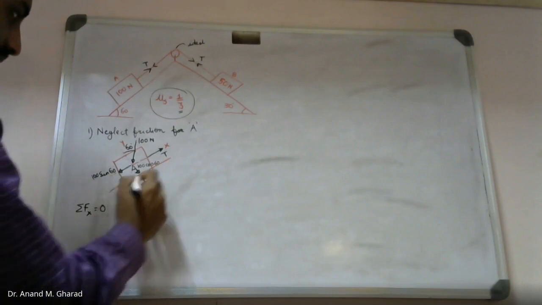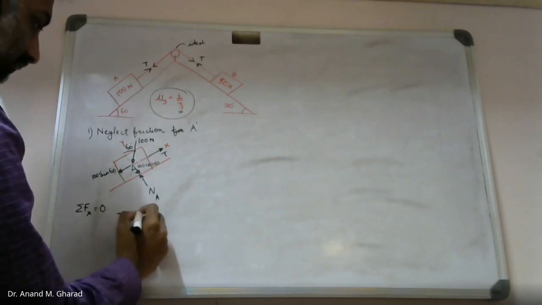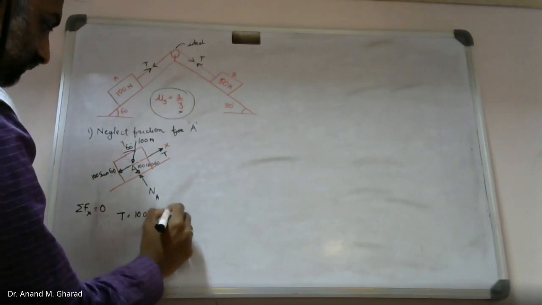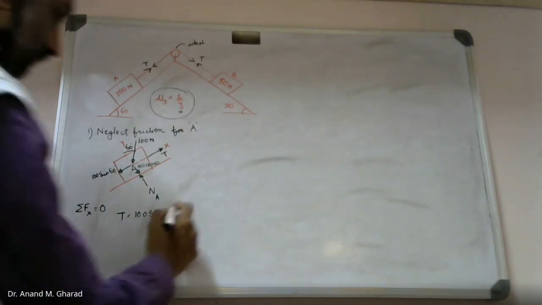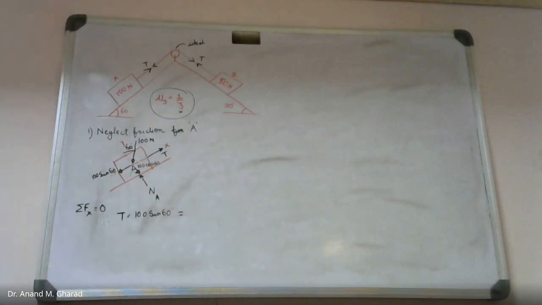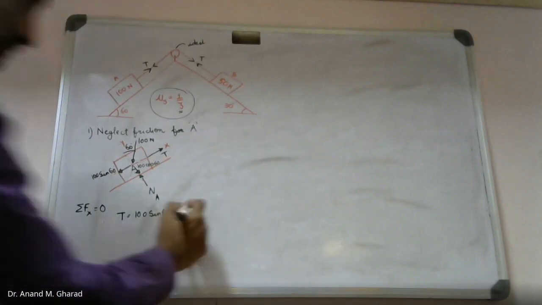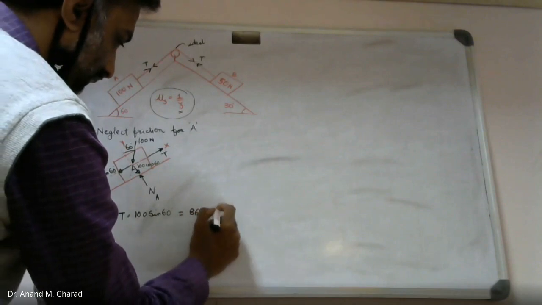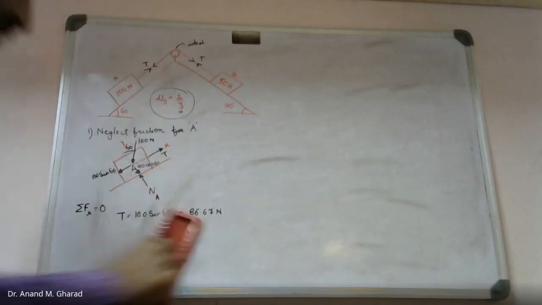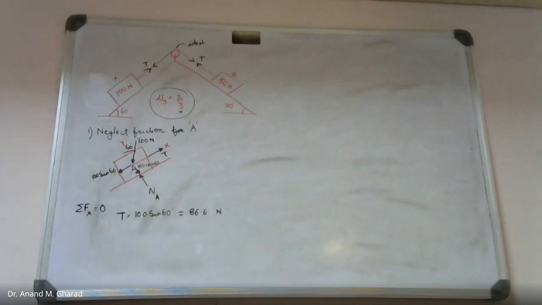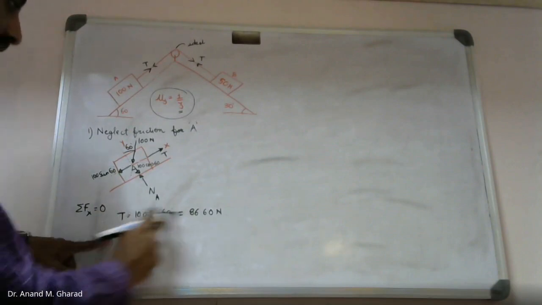Therefore, T will be equal to 100 sin 60. Is this okay? So how much will be this value? 86.6. Correct? Yes, 86.6. Now, this is the T value.